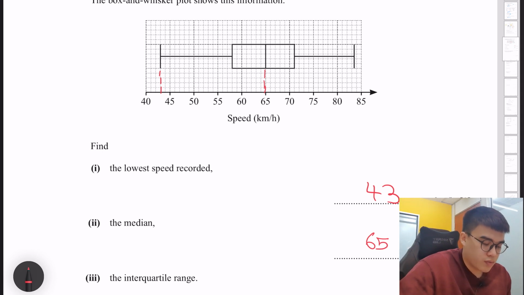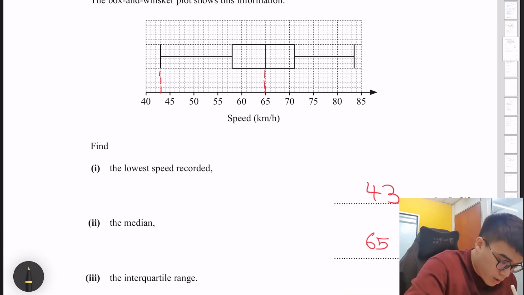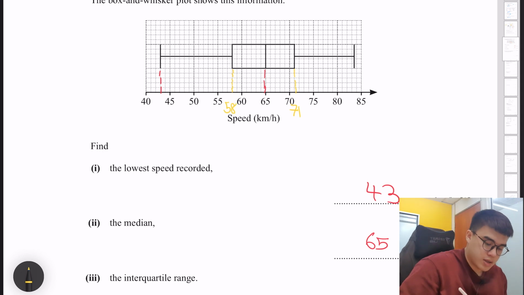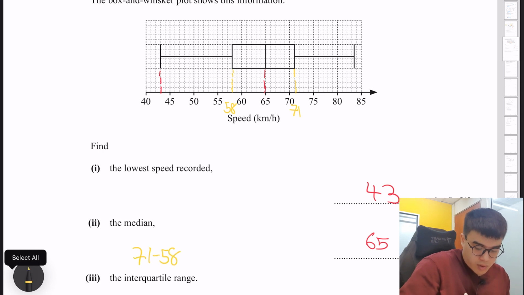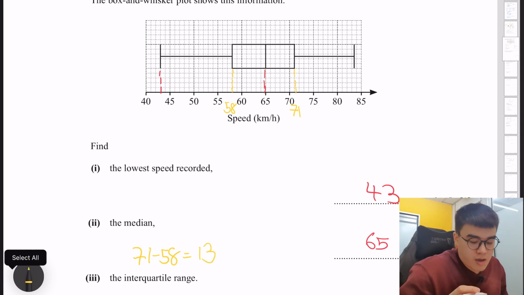And the interquartile range is by taking this one, which is 71, minus 58. So 71 minus 58, you will get your answer as 13. And that's for your interquartile range.